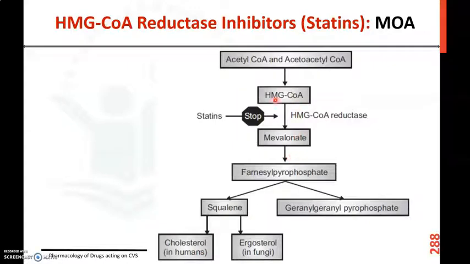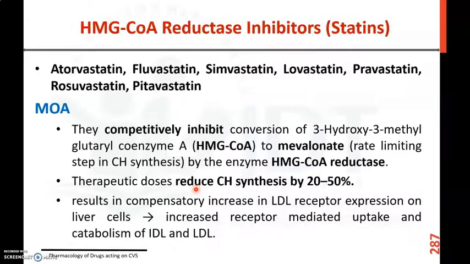So by inhibiting the enzyme responsible for the conversion of HMG-CoA to mevalonate, it will inhibit the sequential steps that follow, and finally it will inhibit the synthesis of cholesterol in the body. So that is the mechanism of action of HMG-CoA reductase inhibitors like statins.